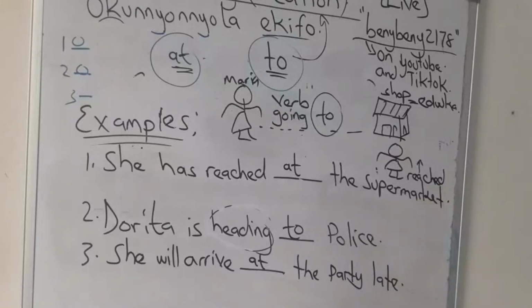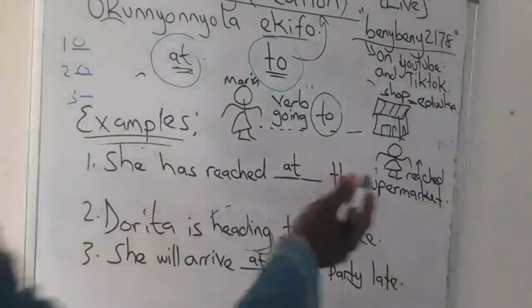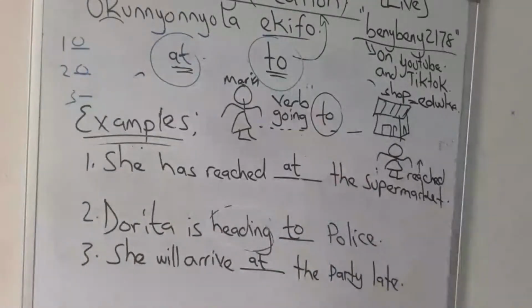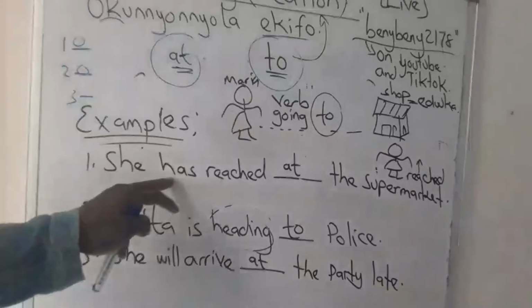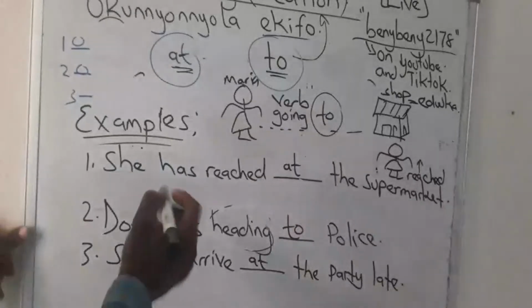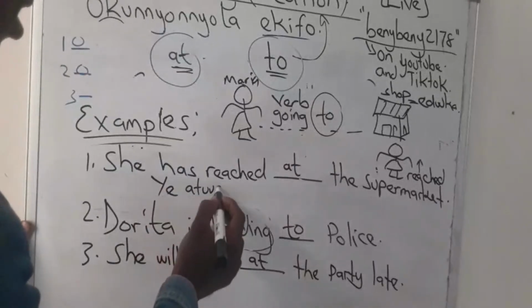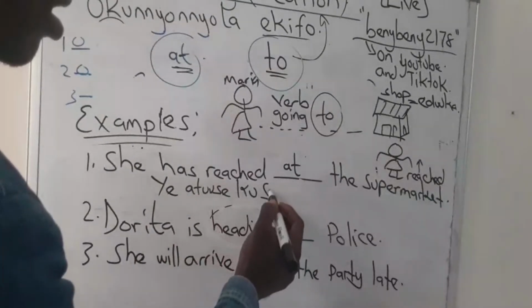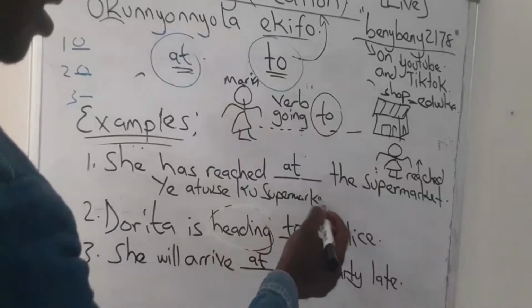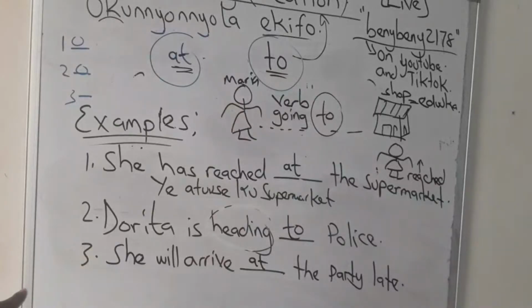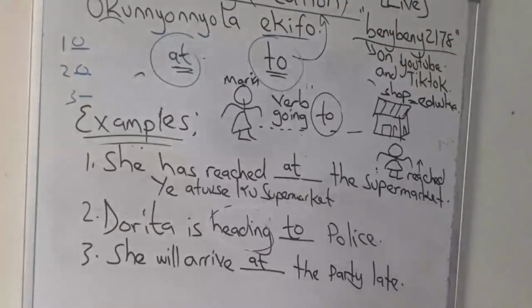Answer yaffe mu Luganda egenda kubeera etya? She has reached at the supermarket. So kino kigenda kubeera ye atuuse ku supermarket. Ye atuuse ku supermarket. Number 2, the reader is heading to police. Kigenda kubeera the reader agenda ku police. She will arrive at the party late. Ye ajja kujja ku kabaga late.